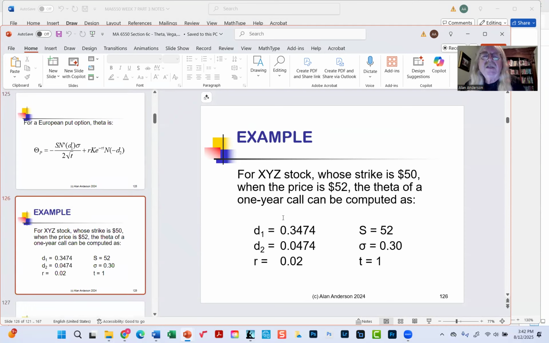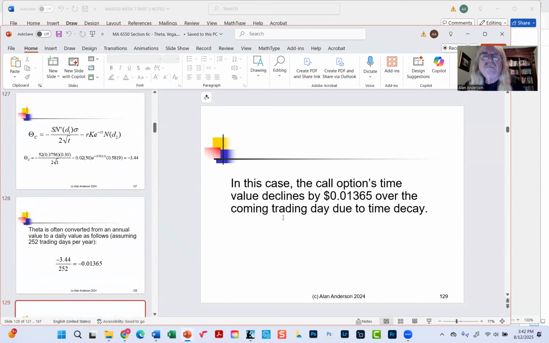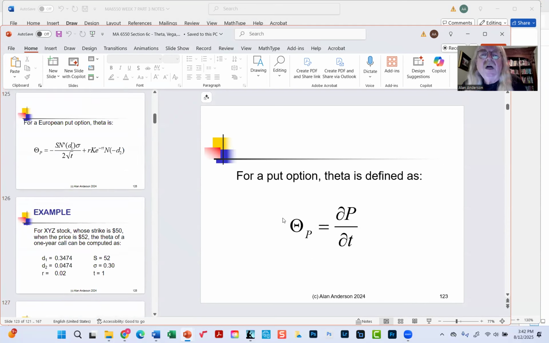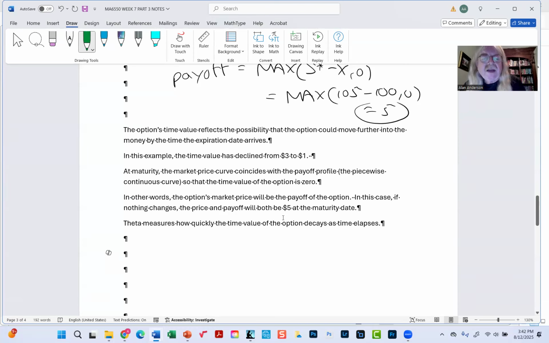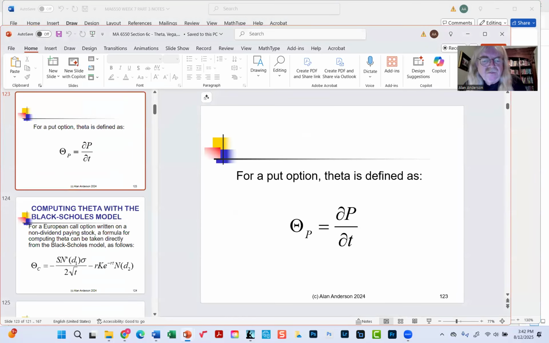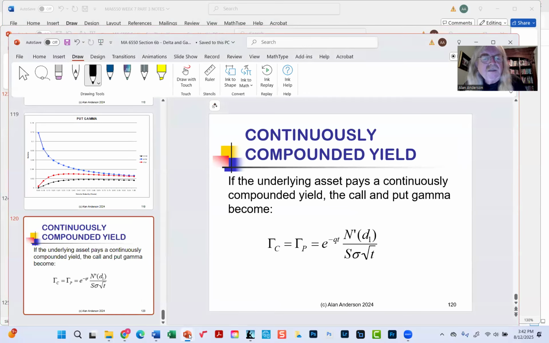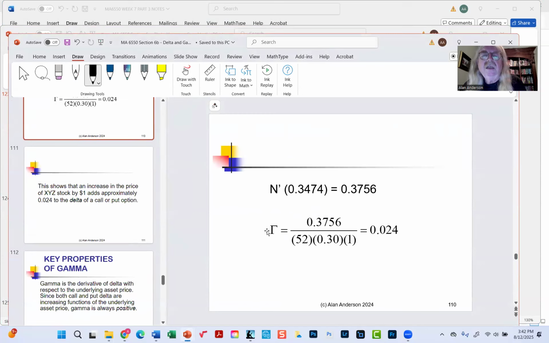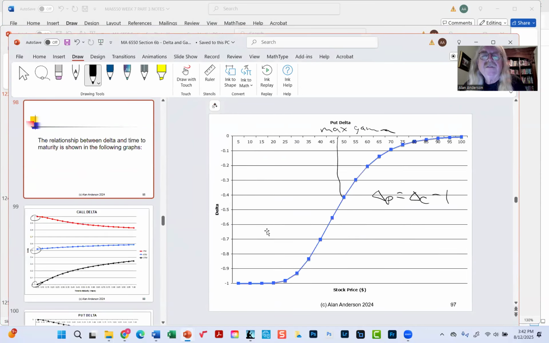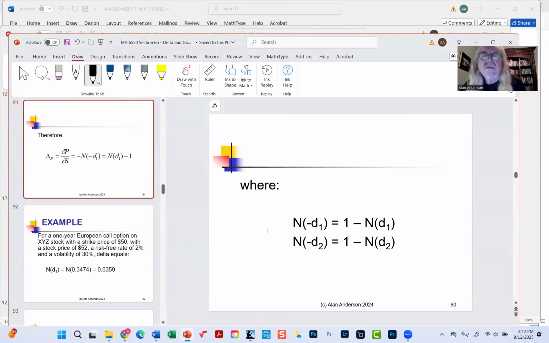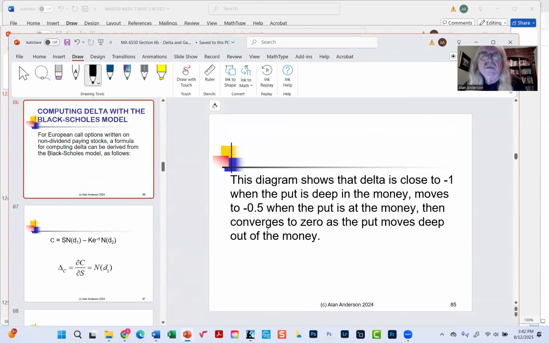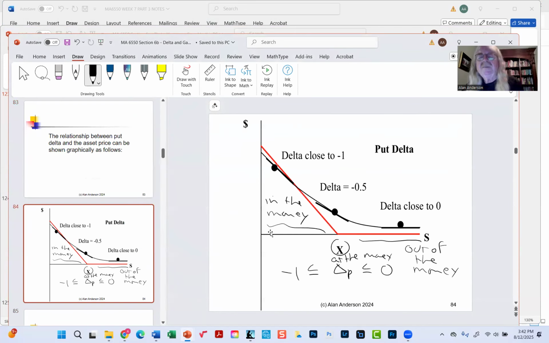If you look carefully, when we had that graph, let's go back to the last section, 6B. If you look at this graph, this is the European put.